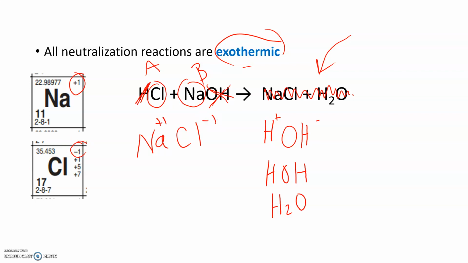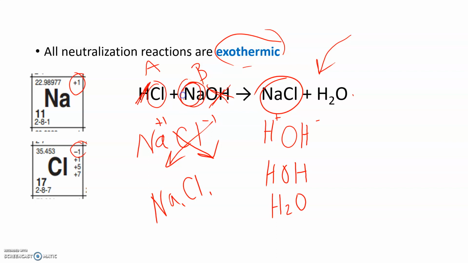So when I cross those down, I get Na1Cl1, which is where that NaCl comes from in the reaction. Okay, so where did I get the salt? I took the metal from the base, combined it with the remaining non-metals from the acids. I looked up oxidation states, and then I crossed them down.